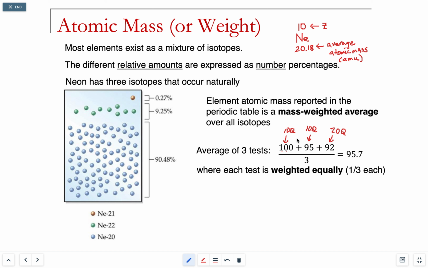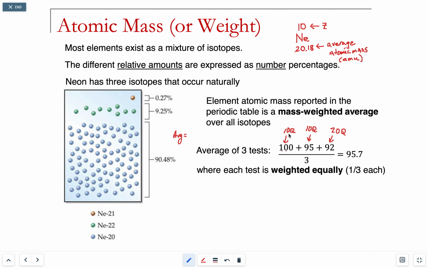Well, the instructor might think, I don't want to weight these equally. I want to weight them on the basis of how many questions there are in the test. Well, then the weighting factor you would have to calculate for each one. We could rewrite this. The average would be calculated this way.